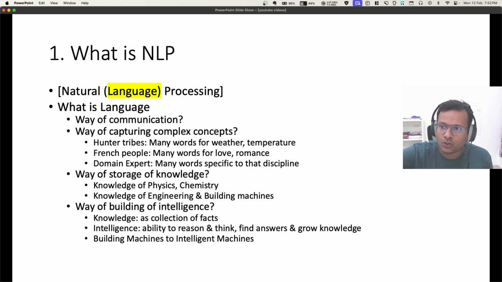It is a way to store knowledge and transfer it over time. So, through books, through articulation, through words, and then listening, through teaching, you can not only capture these complicated, powerful knowledge concepts, but you can also transfer and store them. Imagine knowledge of Newtonian physics, chemistry, antibiotics, engineering, machines we can build.